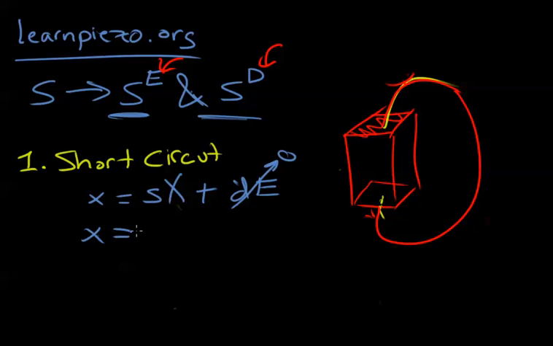What we're left with is this equation. The strain is equal to the compliance times the stress, and we get no charges appearing. Charge can't appear because the electric field is set to 0.